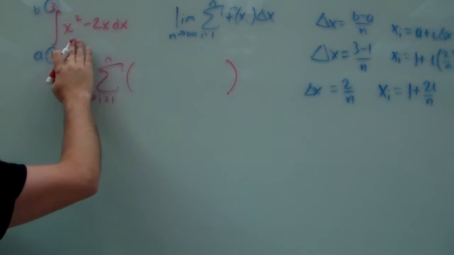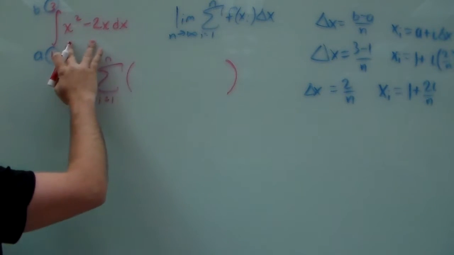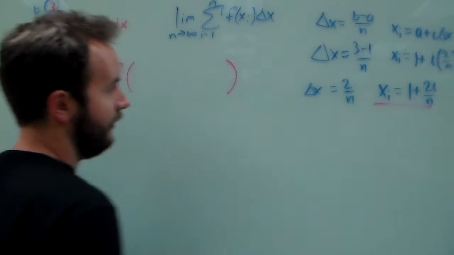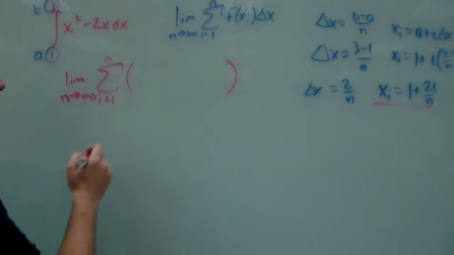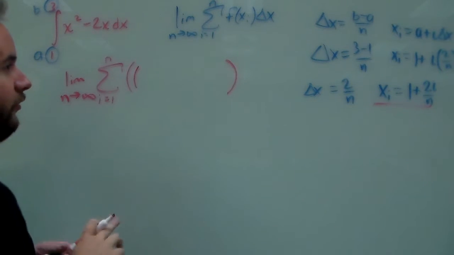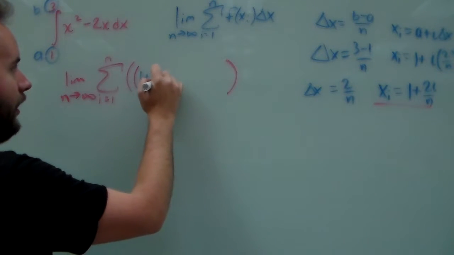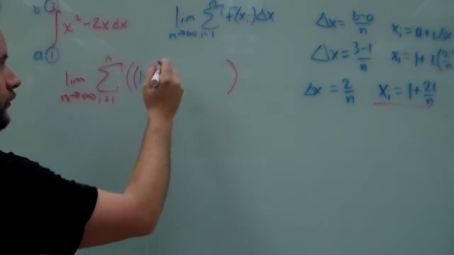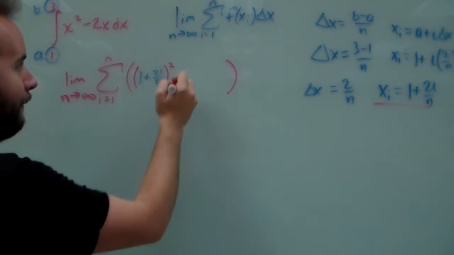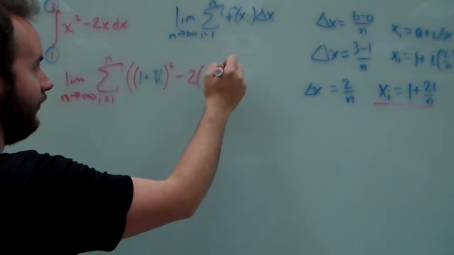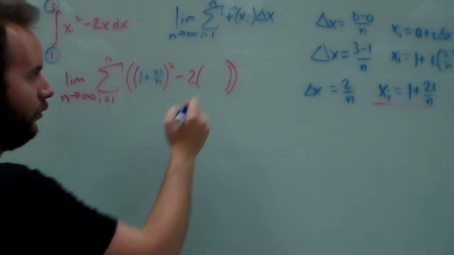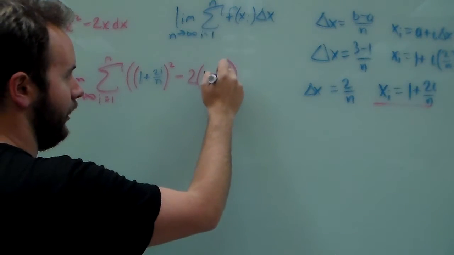But instead of saying x squared minus 2x, I'm going to replace each instance of x by the xi I found here. So instead of saying x squared minus 2x, I'm going to say, let's do this in blue, 1 plus 2i over n squared minus 2 times, and again, instead of saying x, I'm going to say 1 plus 2i over n.